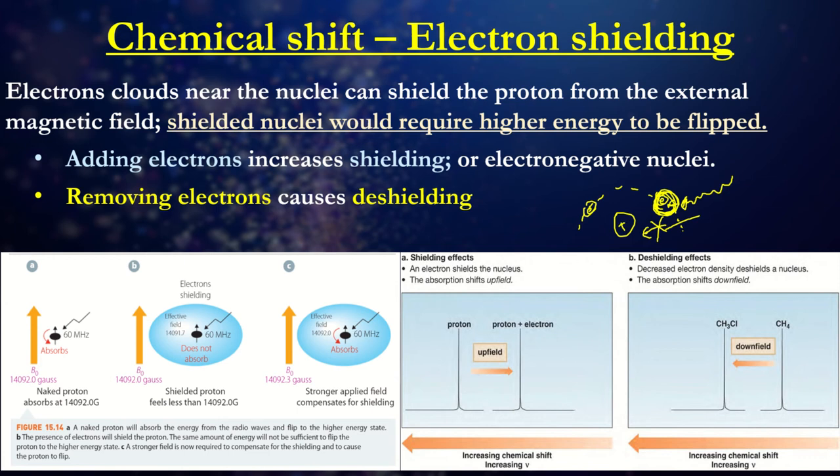Once the absorption does occur, you can see that we will cause the spin of the proton to reverse, like so. Okay, we also call this shielding and de-shielding. So if we're essentially shielding or using negative nuclei, then we will force an increased amount of radio waves that need to be absorbed.